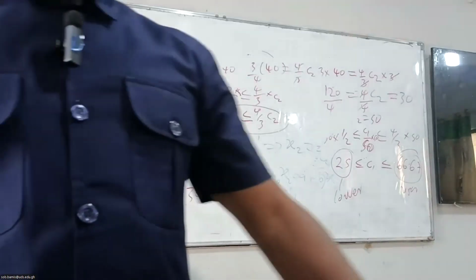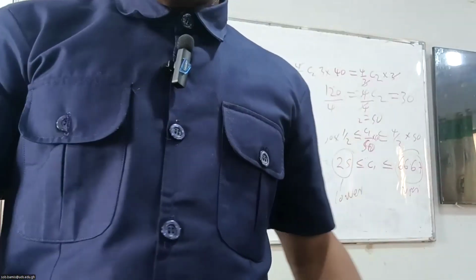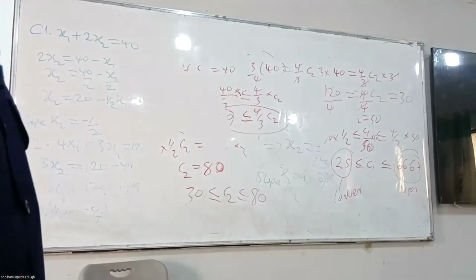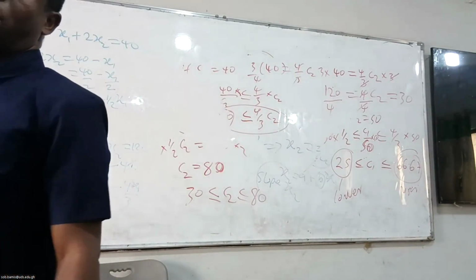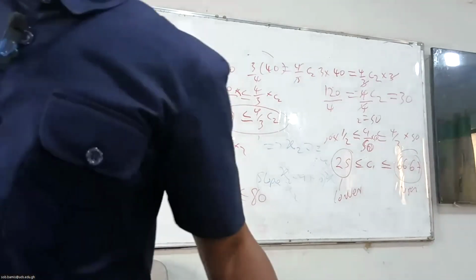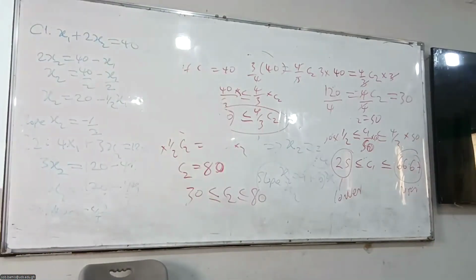Now, you will see that all along, we have been dealing with problems where we have mainly 2 constraints. Well, if, for instance, we have 3 constraints, which is this one?